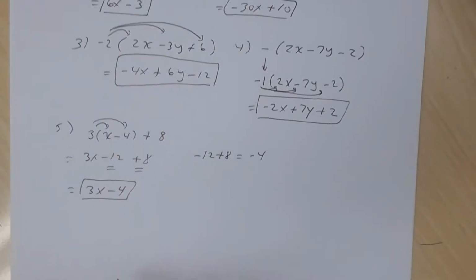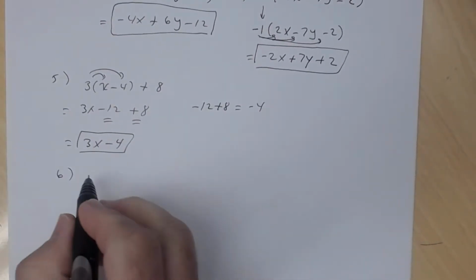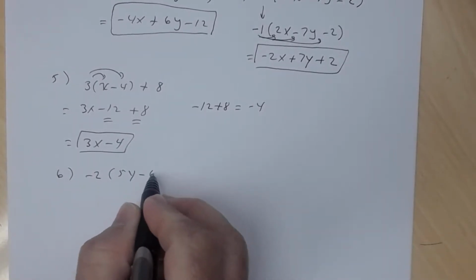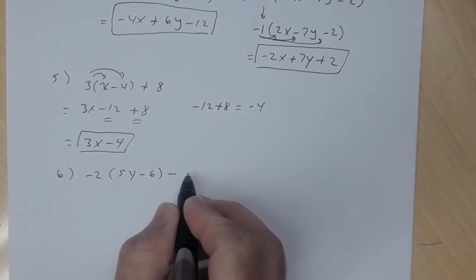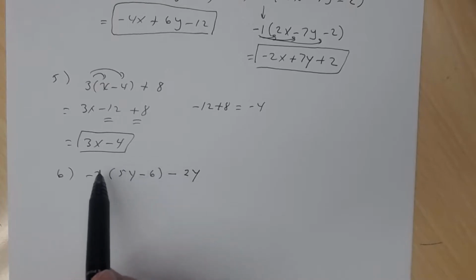There's your answer. Number 6, suppose you had negative 2 times (5y minus 6) minus 2y. Notice the only parentheses you see are around 5y minus 6.